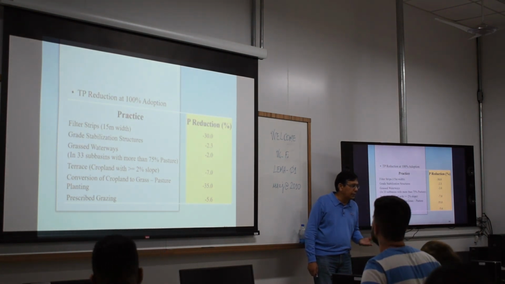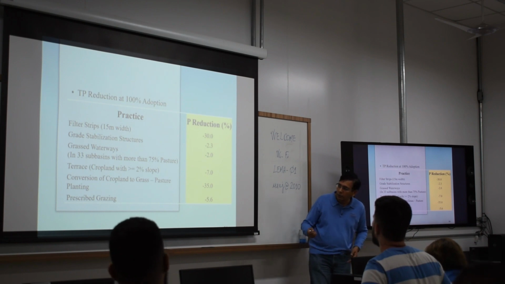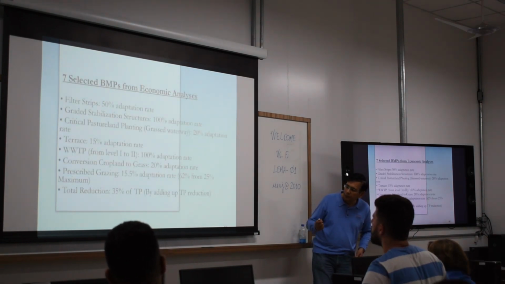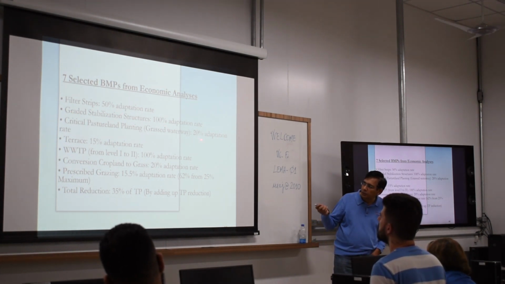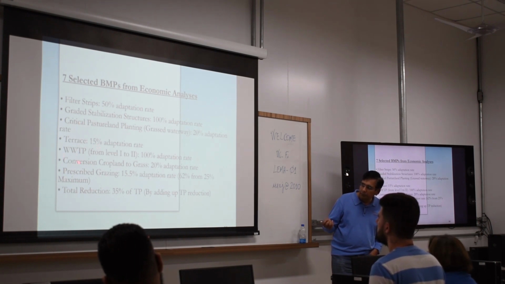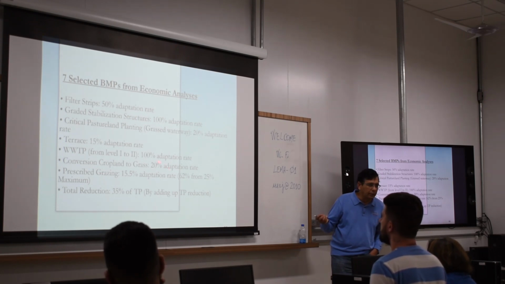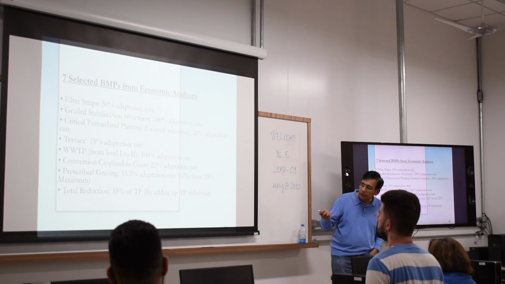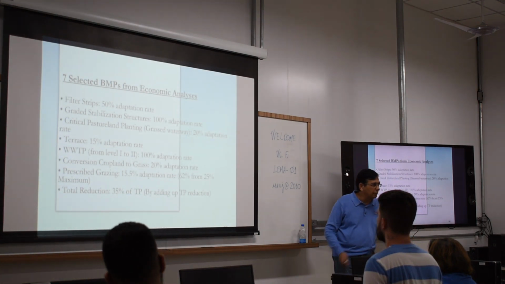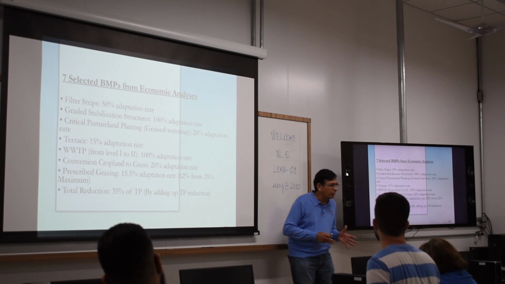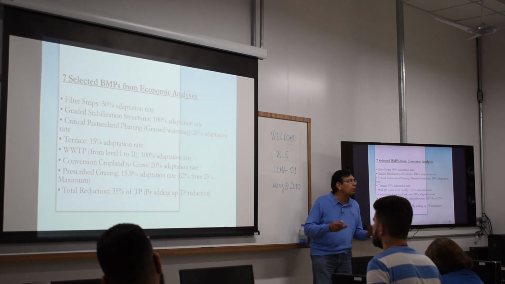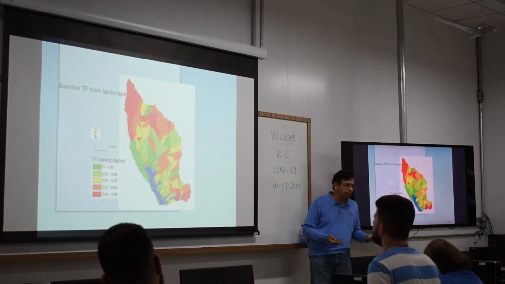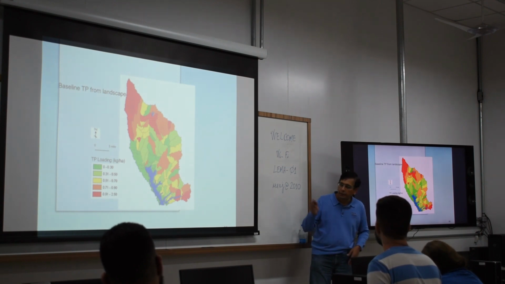So they did an economic analysis and came back and said they wanted to put 50% on filter strips, 100% on grade stabilization, 20% on critical pasture planting, terraces 15%, wastewater treatment, and conversion of agricultural land to grassland 20%. So they came up with a combination of all the practices with different thresholds, based on the cost and the adoption rate, because they did a survey with the farmers to see how many of you are willing to make the changes. It took a lot of effort to come up with this data.